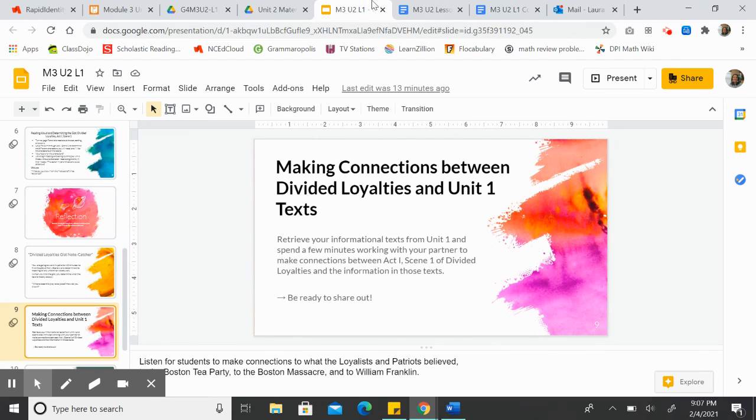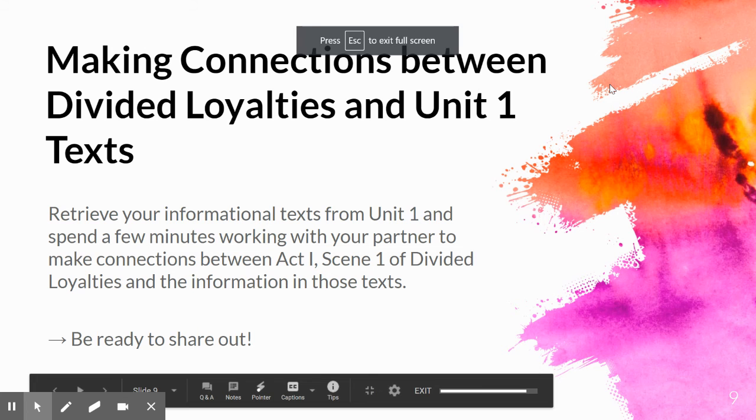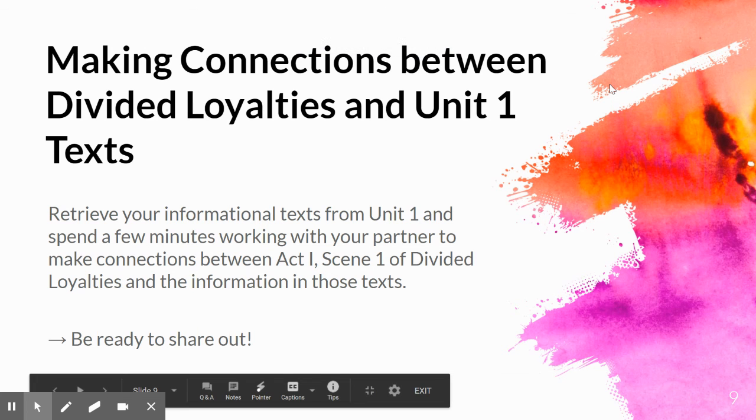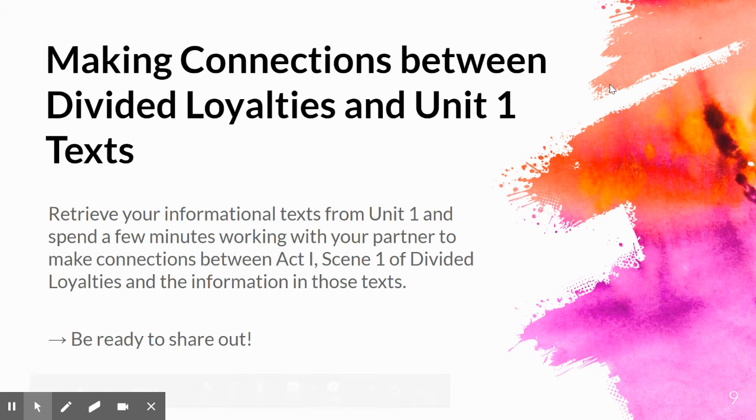All right, now I want you to look back in your module workbook in Unit 1, and spend a few minutes making connections between Act 1, Scene 1 of Divided Loyalties and the information in the nonfiction passages in Unit 1.